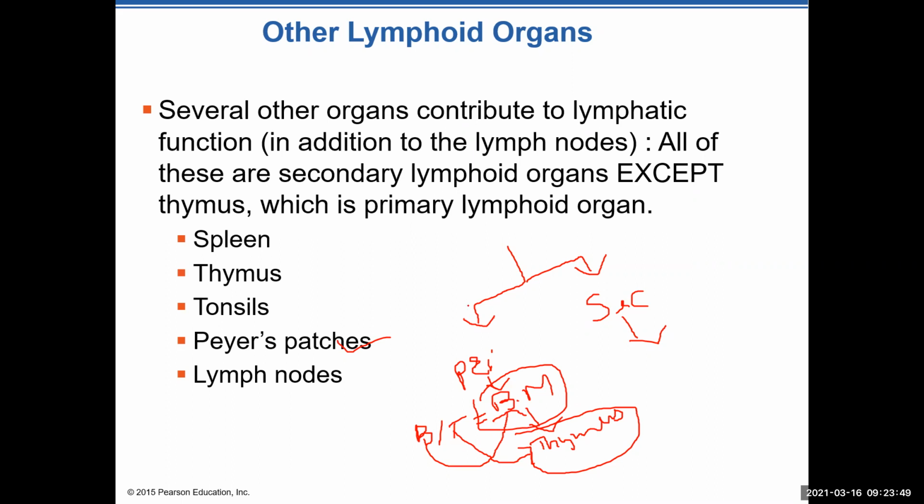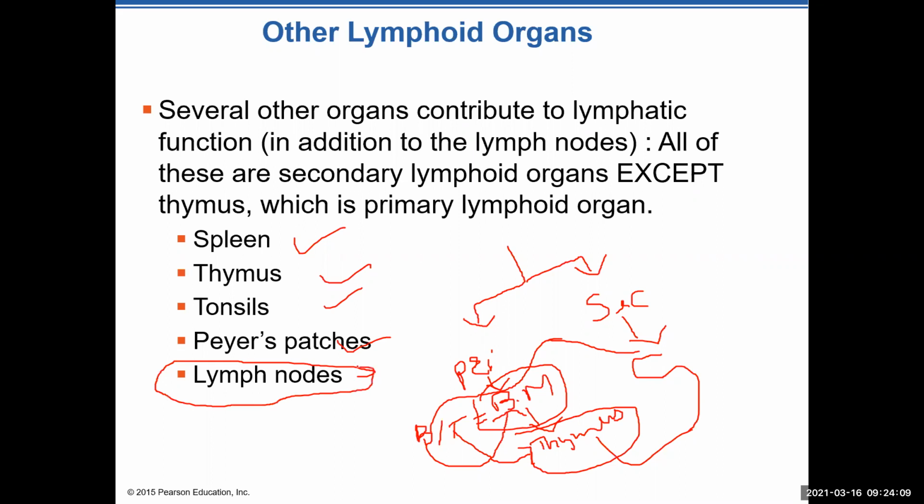They are all secondary lymphoid organs, because after leaving the thymus and bone marrow, these cells migrate to the secondary lymphoid organs, be it the spleen, tonsil, or lymph node. Just now we saw that T cells and B cells are also present in the lymph nodes, because when they leave the primary lymphoid organs, in order to fight bacteria and viruses, they keep circulating in the secondary lymphoid organs.